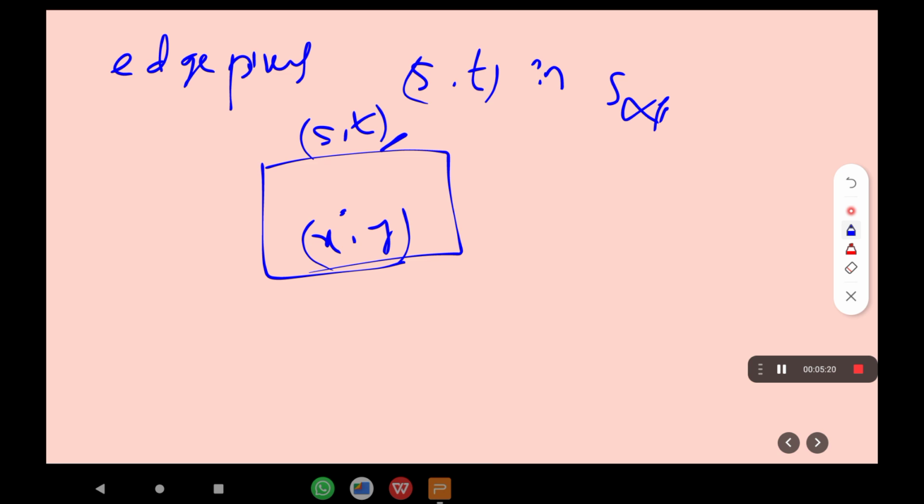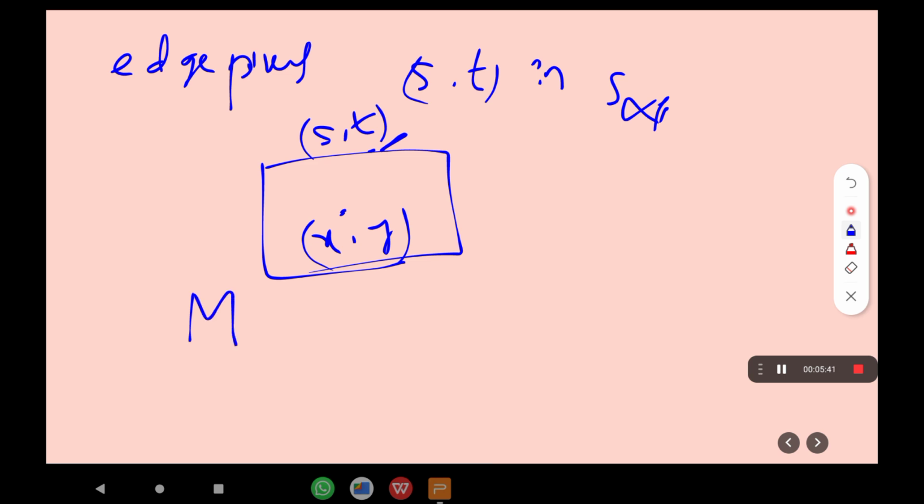So this pixel is similar to this one or maybe this one, that means these two pixels have the same magnitude. At that time you have to define the set of pixels which are similar in magnitude to the pixel at the x comma y location.